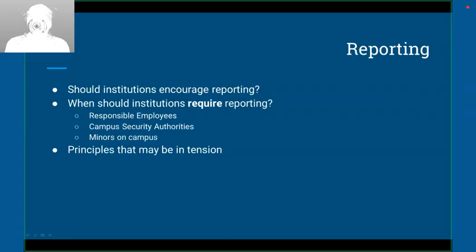And these are things we need to think about, I think, such as what students' expectations are. That's actually part of the consideration and analysis of who would be considered a responsible employee. Would a student reasonably expect that this person would have the authority to address a concern of sexual misconduct? And something to think about from a cultural perspective.